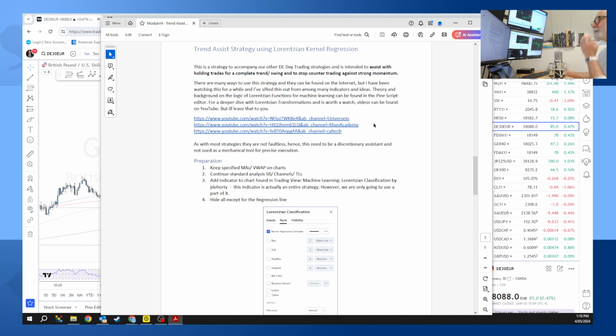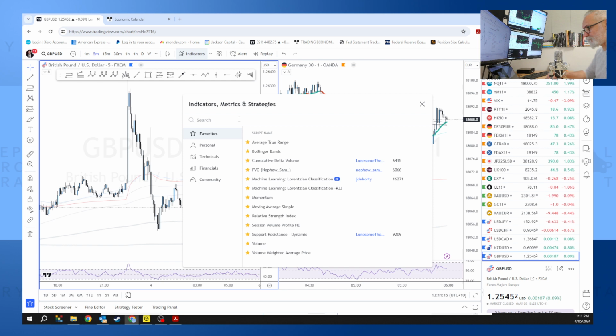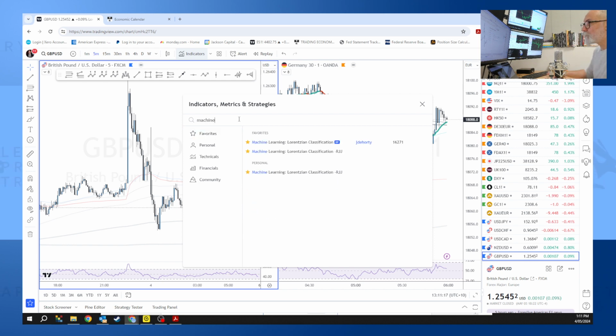Okay. All right. So if you want to have a look at what a Lorentzian function is, there it is there. I'm not going to go into it, as I said. Okay, so let's just put it on the chart. In the indicators, just go to machine learning.